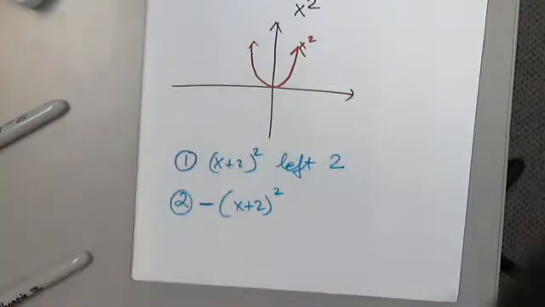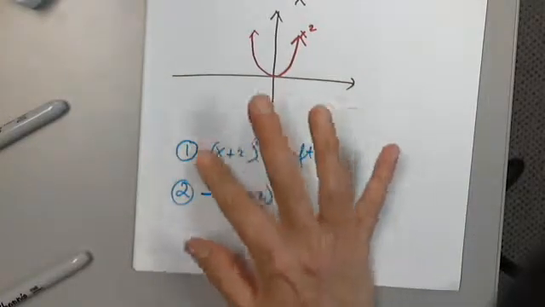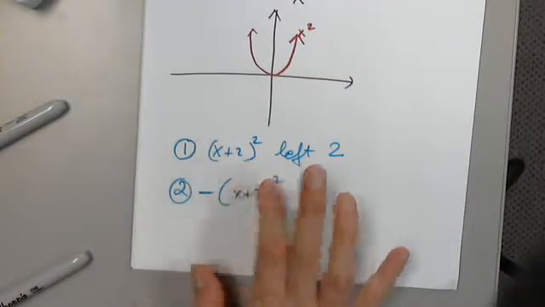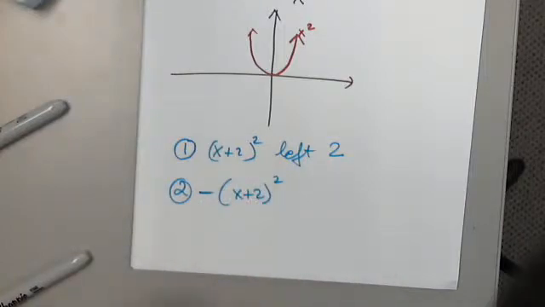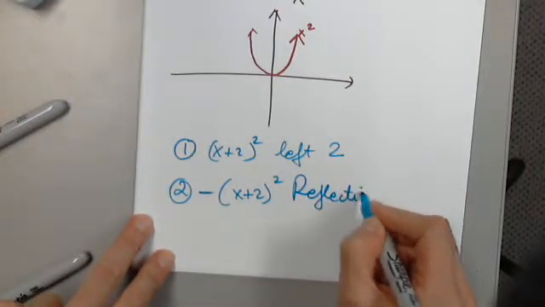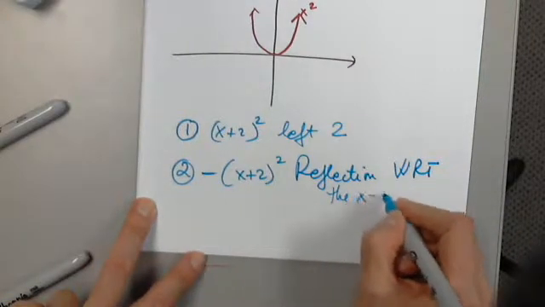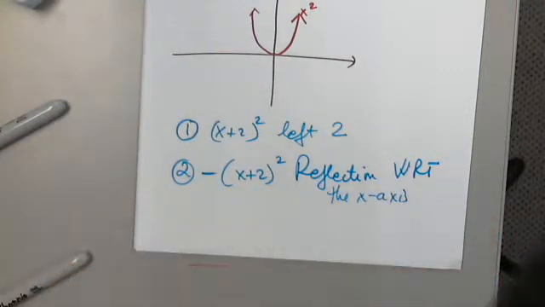No. What am I changing then? So what do I do? What does this mean? If this is y, this is negative y. What does that do? Reflect. No, it's not down. Exactly. A reflection with respect to the x-axis. It's a multiplication. That's why it's not up or down.